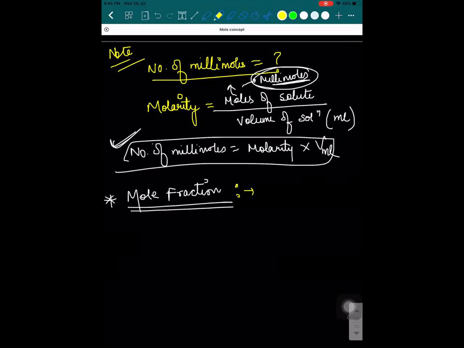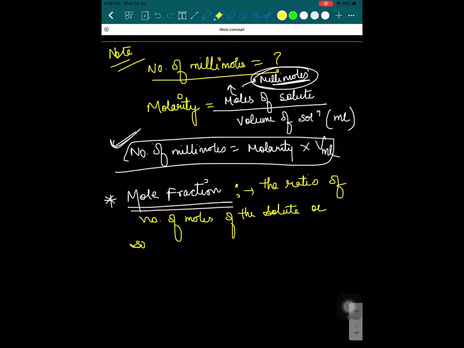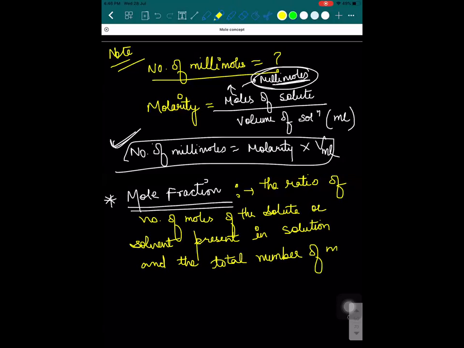It is basically the ratio of the number of moles of the solute or the solvent present in the solution and the total number of moles present in the solution.